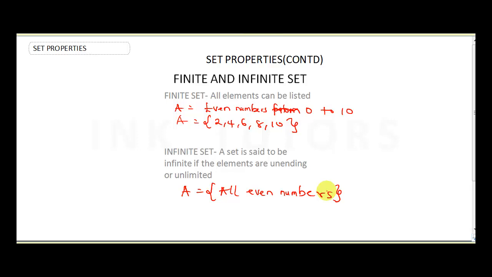For the fact that we can't list this, we say this is an infinite set. To list this, we write 2, 4, 6, 8, 10, 12, and so on. So it is unending.